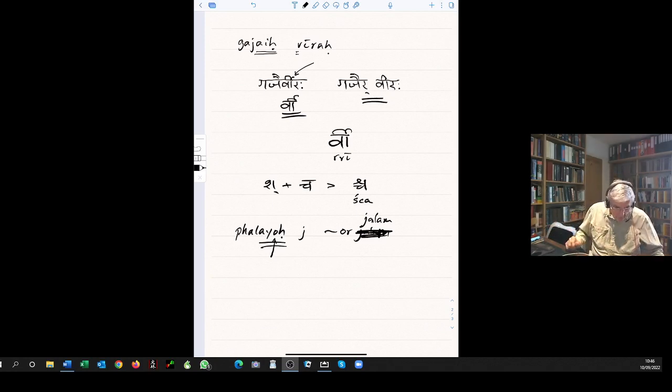For example, if you wanted to say the hero has a son, virasya balo bhavati. Suppose you wanted to say the hero's son is a monk. You say virasya balo bhikshur bhavati.